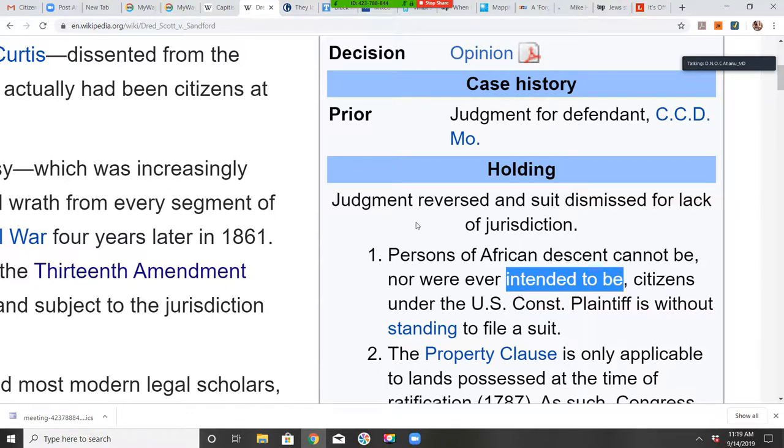We need to understand that racism, if I were to write down a definition for racism, I would say racism in America stems from non-whites not understanding the offer of citizenship in the 14th Amendment.